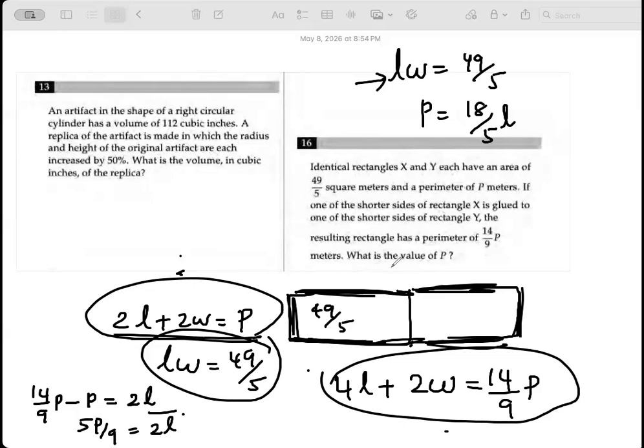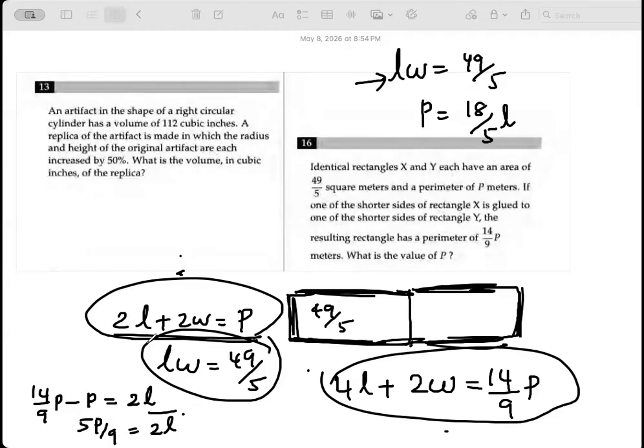Identical, see, but here L times W is equal to the area in square meters and the perimeter is P meters. If one of the shorter sides is glued to the other, I think we did it till here correctly.